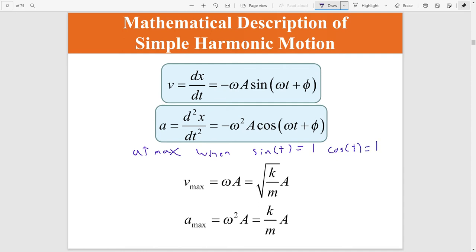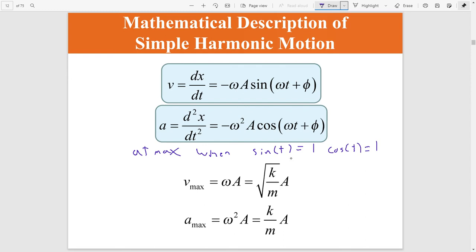That's as big as their trigonometric functions can go, and when that's equal to 1, then that will give us the biggest value we can get for the velocity and acceleration of the block.